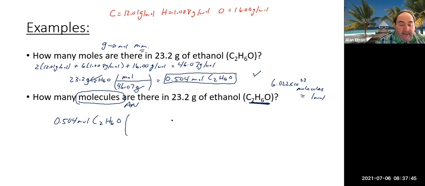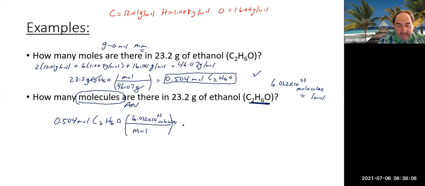And again, dimensional analysis here. Moles on the bottom so that they cancel. Avogadro's number up there on top. Multiplying 0.504 times Avogadro's number, and dividing by 1, which means you don't really need to do it.